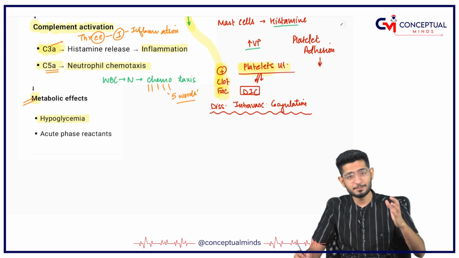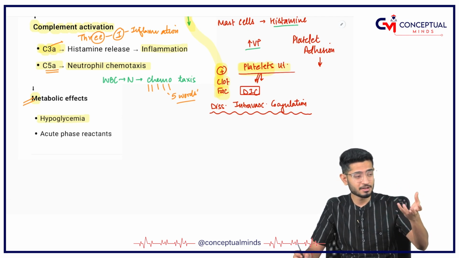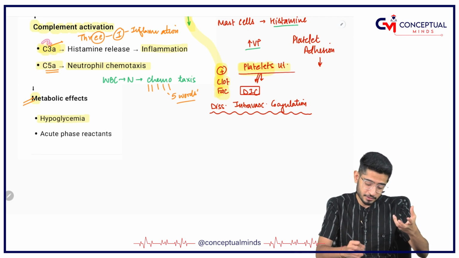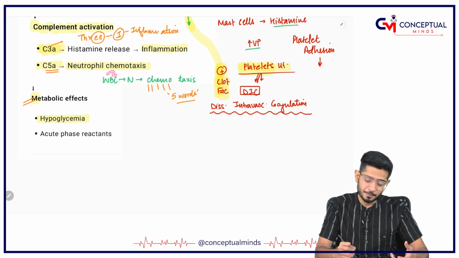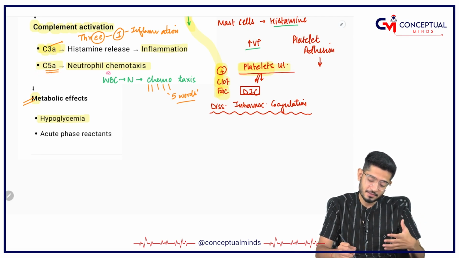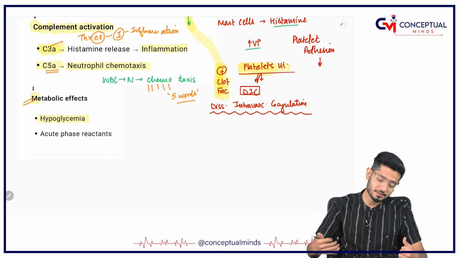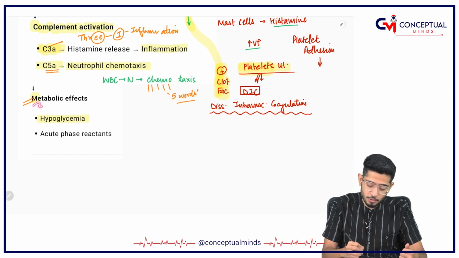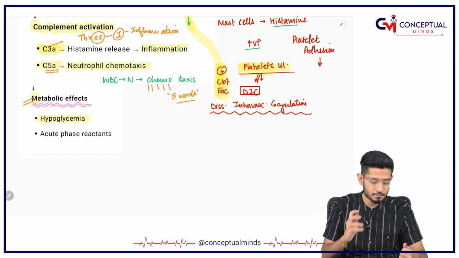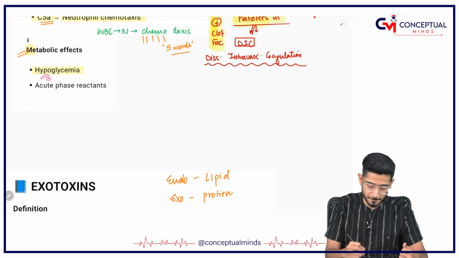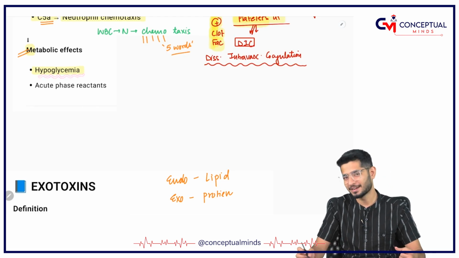So lipopolysaccharide itself is a trigger for C5a, and C5a is responsible for the WBCs going to kill the bacteria. And one more effect which you just have to cram is hypoglycemia.